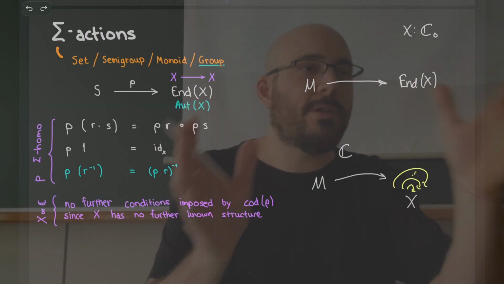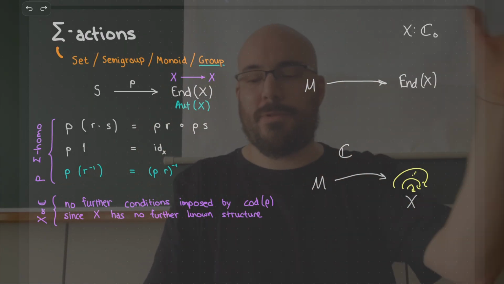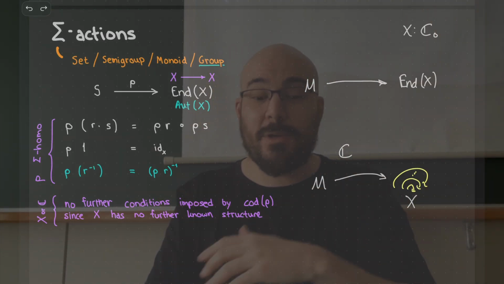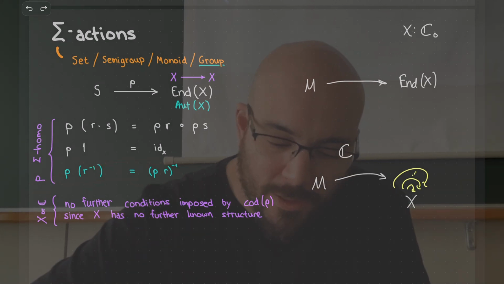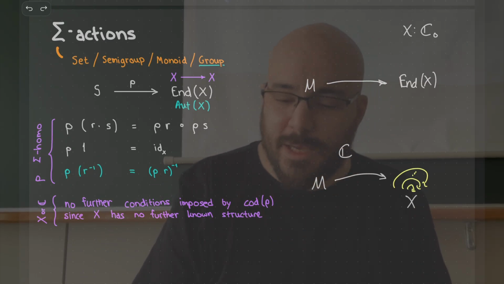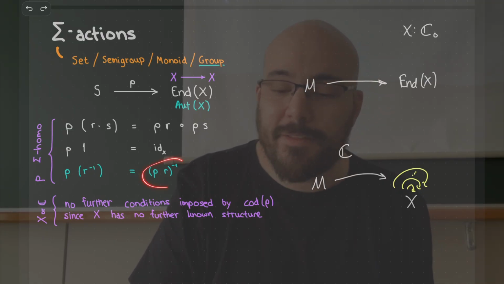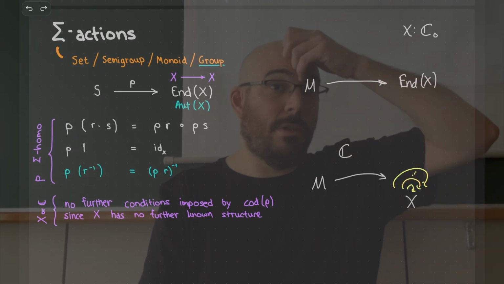And now if you limit yourself to these ones, you can have a homomorphism from a group to these arrows. I hope this makes sense as well. And if you write down the laws, you'll get this extra law which says that if you take the inverse inside the group of an element r and you apply rho to it, then it's the same thing as if you first apply rho to the element and then invert the arrow. This is the inverse arrow from these arrows.